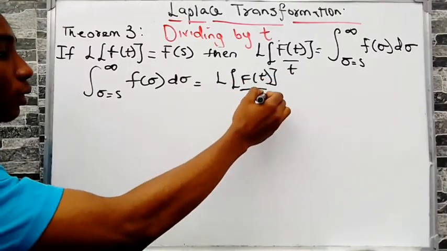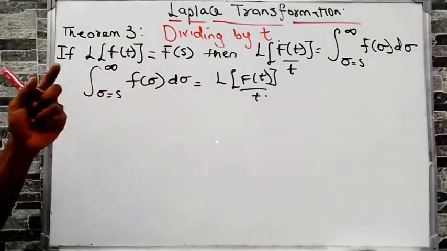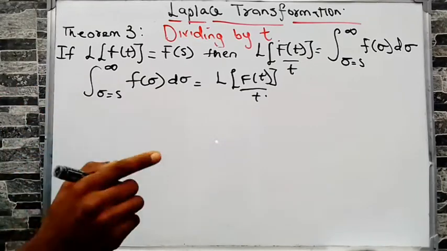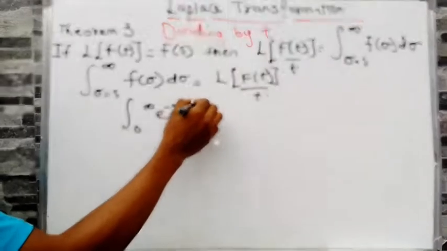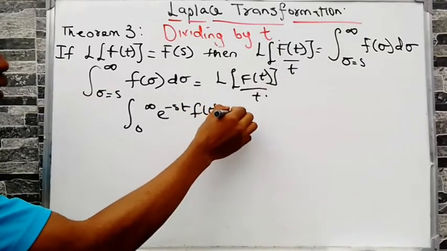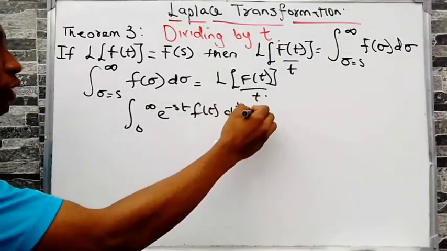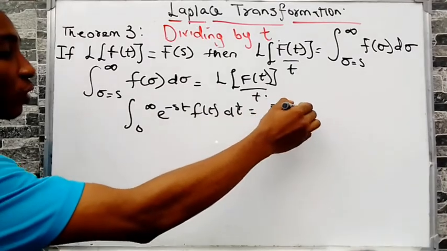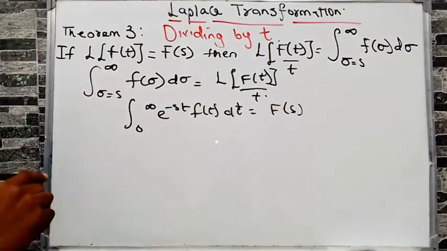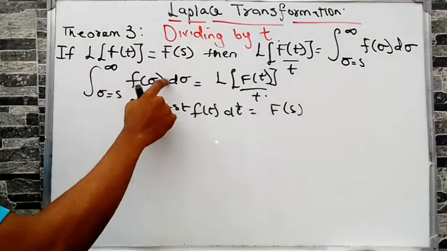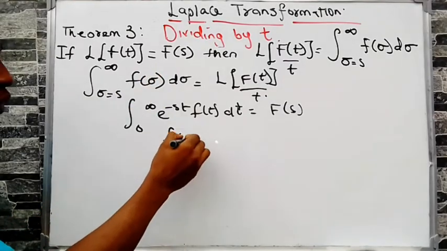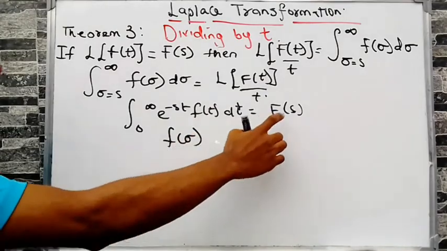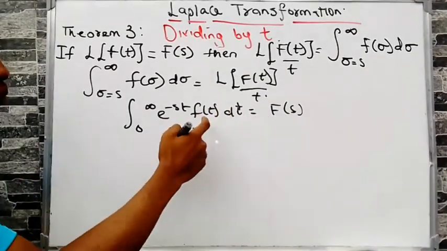Now to prove this, since we all know that the integral from 0 to infinity of exponential minus st, function of t, dt, the answer we get will eventually give us a function of s, right? So let me take out this function of s and express it like this.